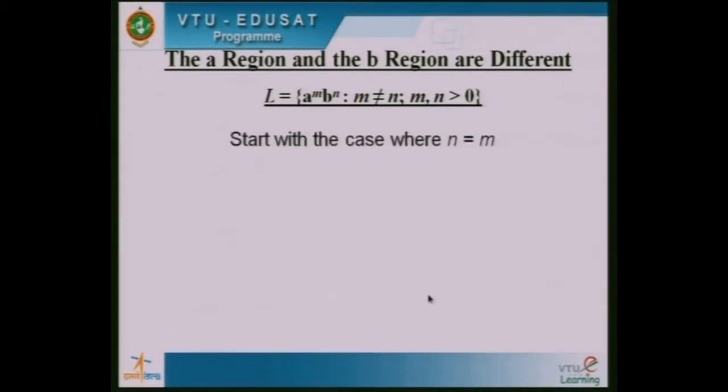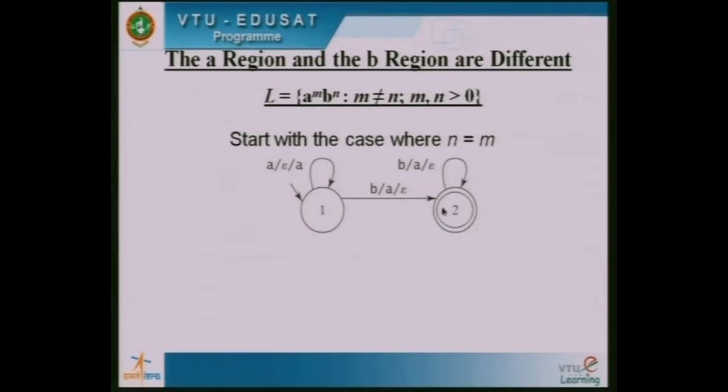So, first consider the case where n is equal to m. This is the same PDA as we have discussed in a raised to n, b raised to n. So, first what we do, all a's are pushed into the stack being at state 1. When I come across first b and the topmost element is a, then pop a and go to the final state. This is for one pair of a and b.